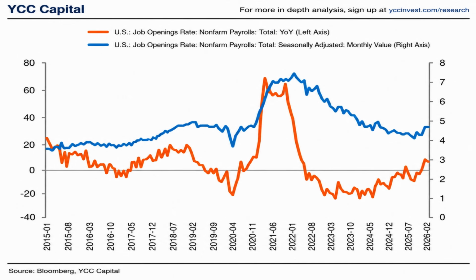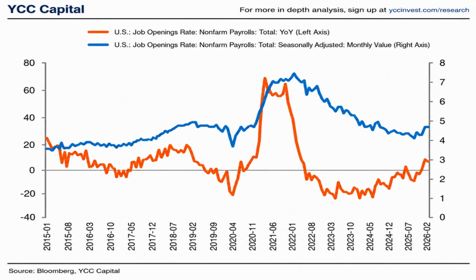This combination tells an encouraging story. The labor market is no longer in free fall, but neither is it overheating. Employers have adjusted their hiring expectations to a slower, more sustainable pace. Think of it like easing off the accelerator rather than slamming on the brakes.